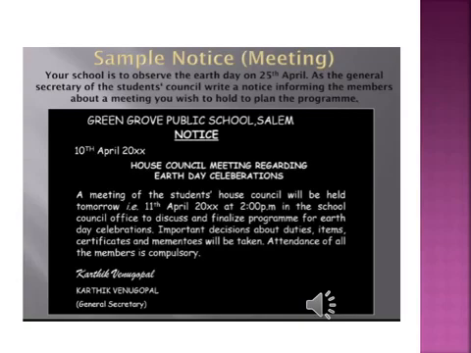On the top you have to write the name of the institution. It may be a school or a college. Now what is written here? Green Grove Public School, Salem. Then after that write NOTICE in caps. You can write in caps or you can just capitalize. In the case of Green Grove Public School, Salem, you can capitalize the first letters of the words.